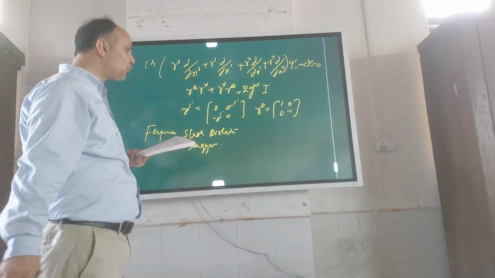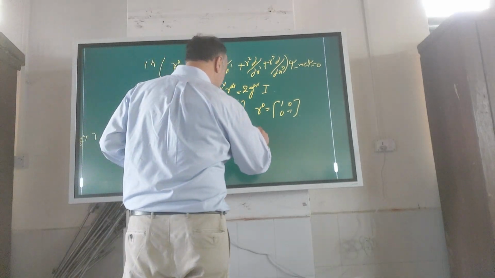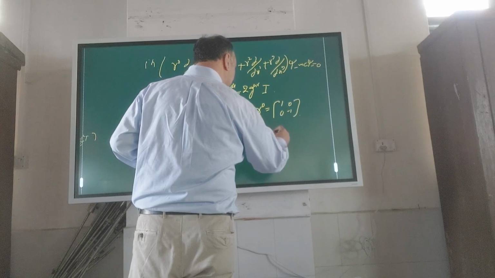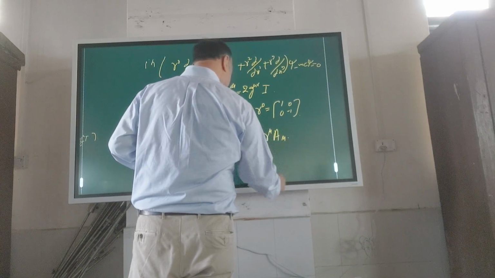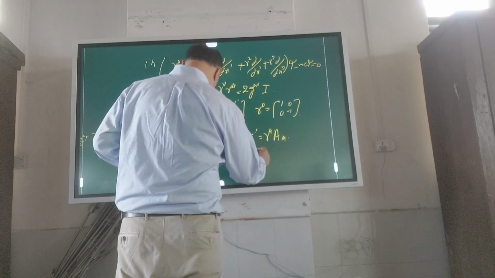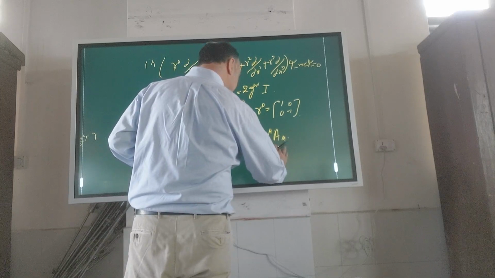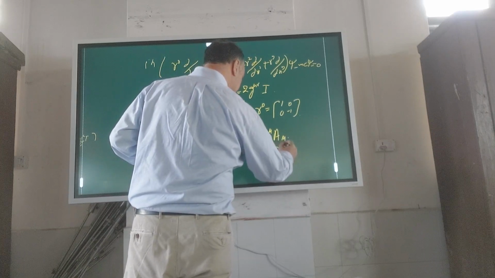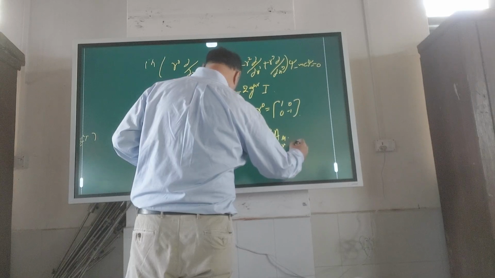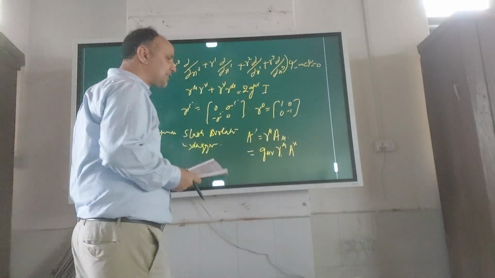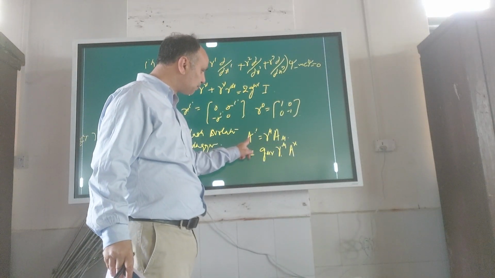If we write a mu prime as gamma mu a mu, here g mu nu, you can write it like this.